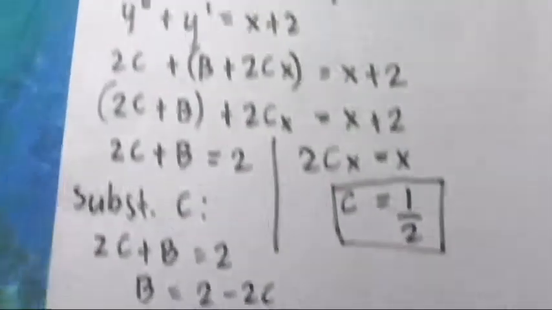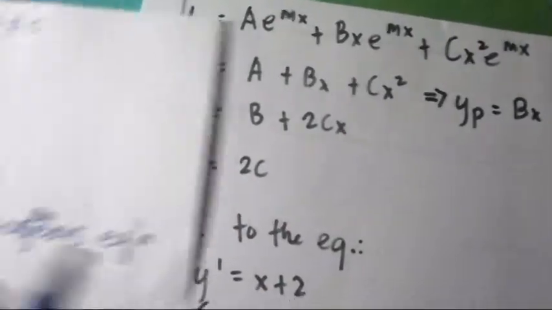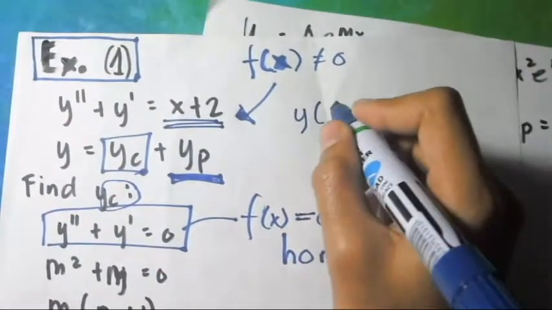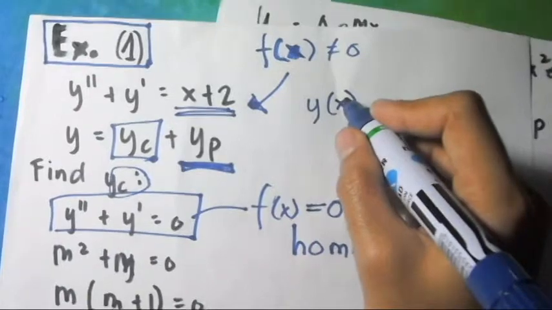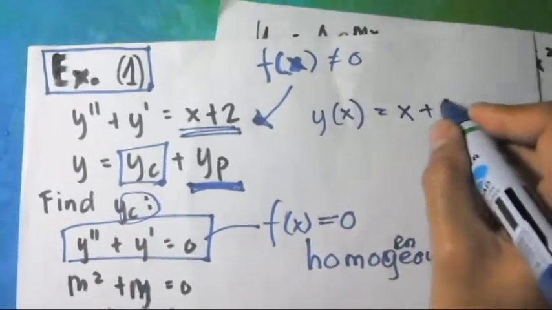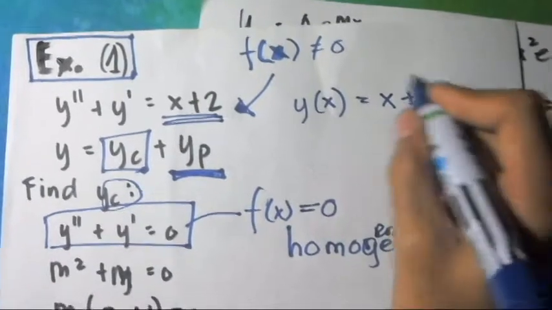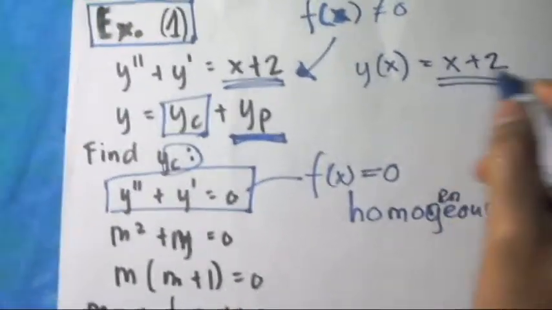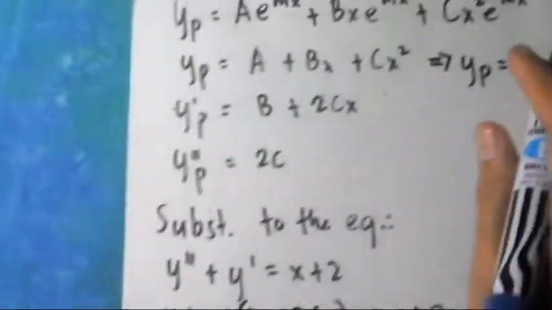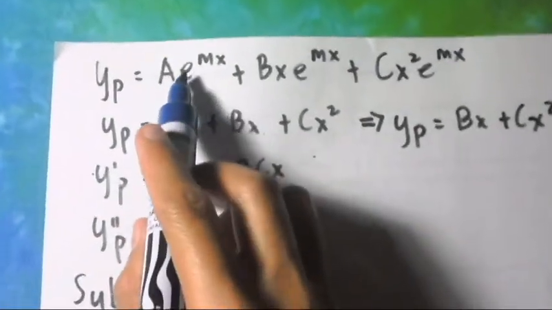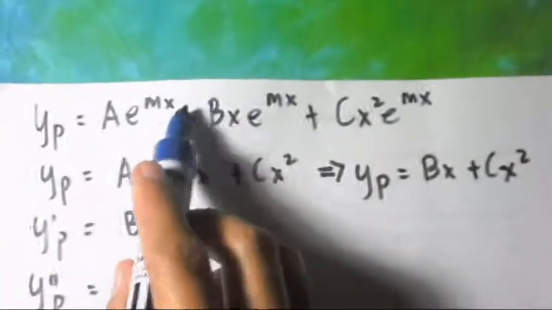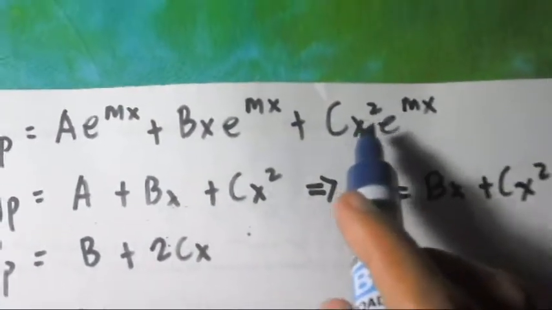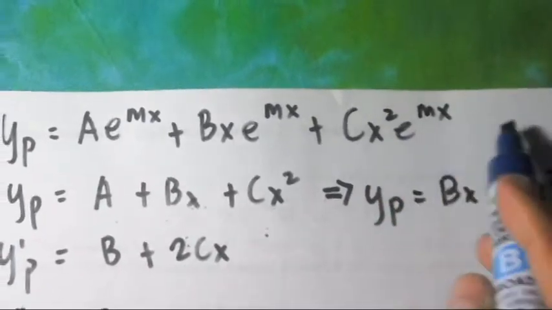Looking at the equation above, we note that this will be our basis, with the function of x being x plus 1. By considering this, we look at the form of the answer: A, our constant, e to the mx, plus Bx e to the mx, plus Cx squared e to the mx.